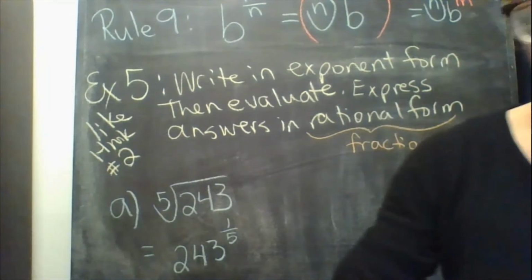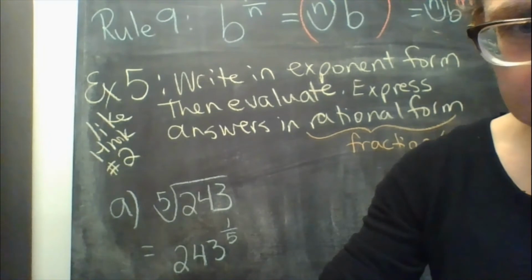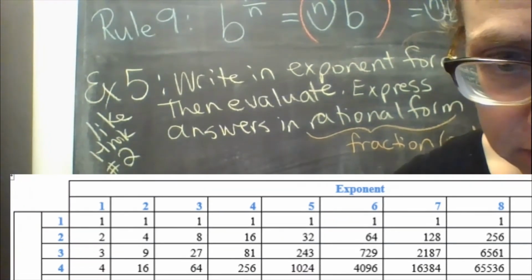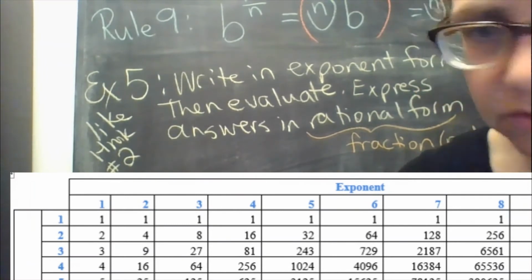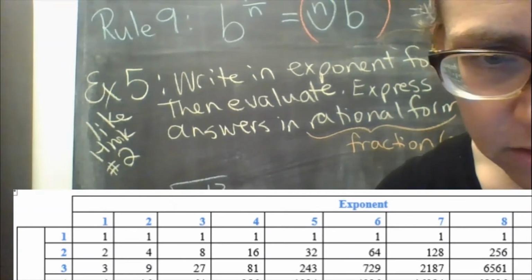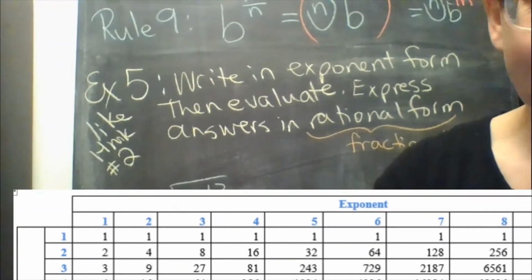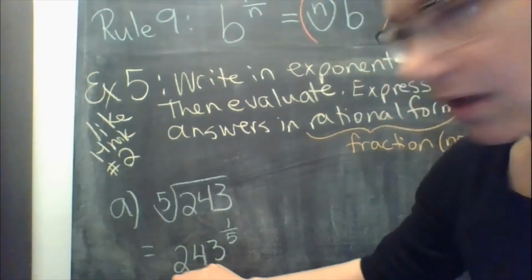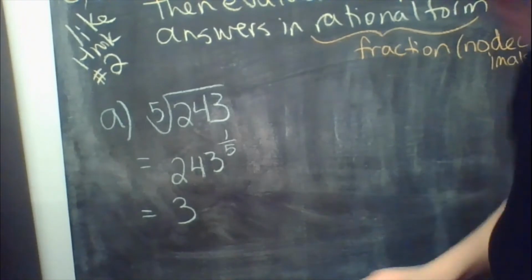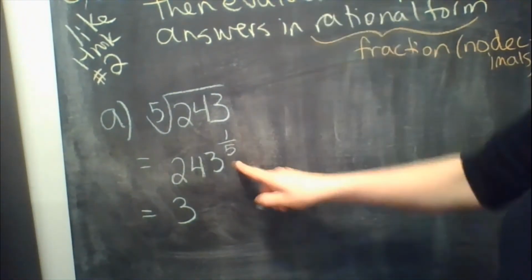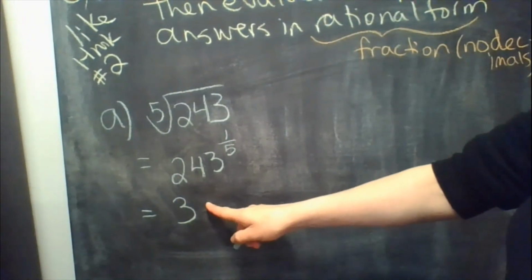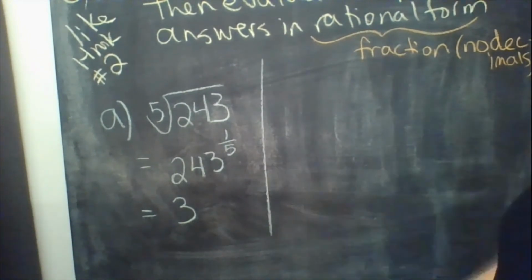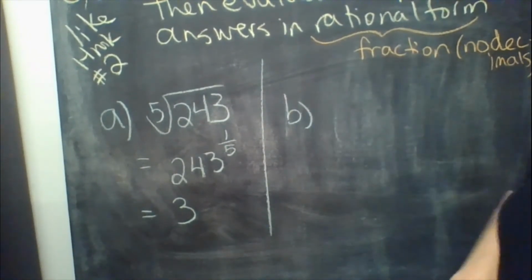Then I want to evaluate, so remember, bring up your really cool table. So the 5th root of 243 is 3. So that answer would be 3. I wrote it in exponent form here, and then I evaluated. And I don't have to worry about fraction form because 3 is 3. All right, let's try another one.